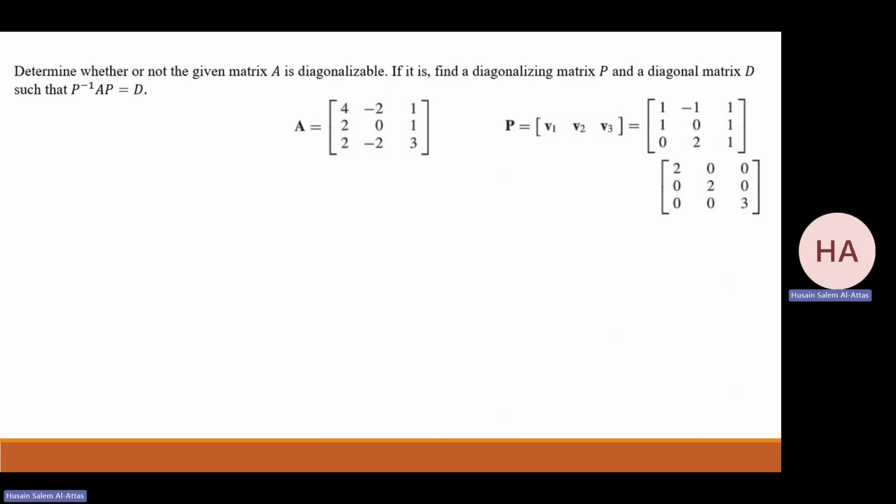Now let me work out this one, the same thing. By the way, we'll find A minus lambda I. I have 4 minus lambda, minus 2, 1; 2, minus lambda, 1; 2, minus 2, 3 minus lambda. That will be difficult to do.